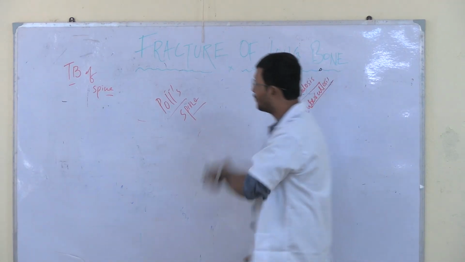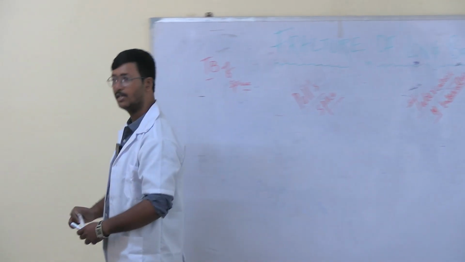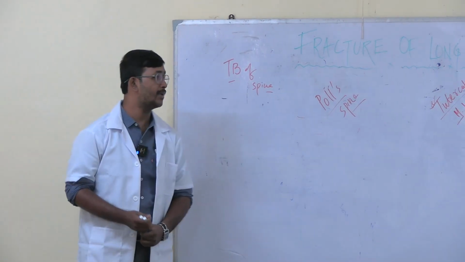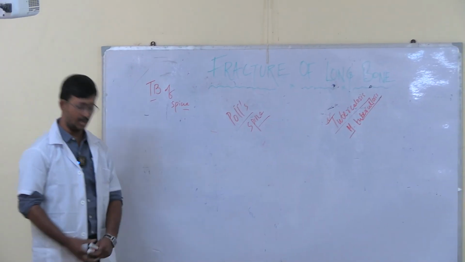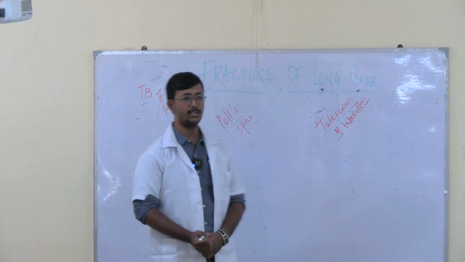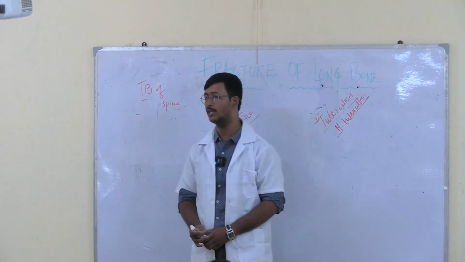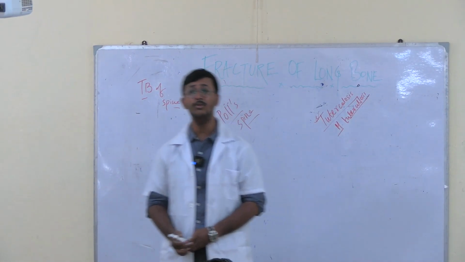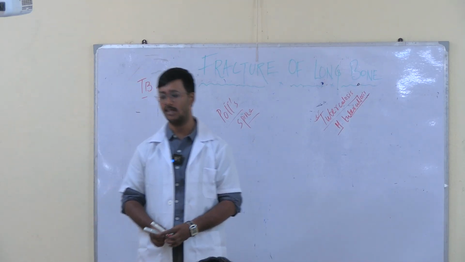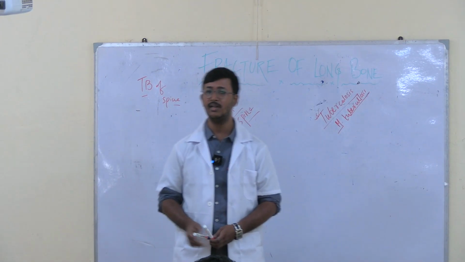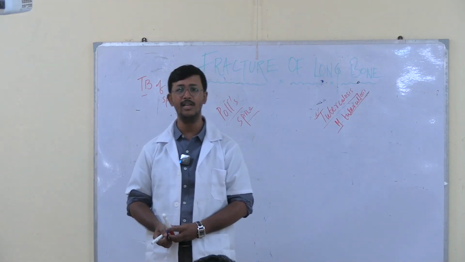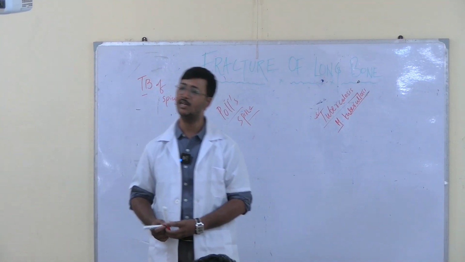So TB spine is a disease which is caused by Mycobacterium tuberculosis. We usually hear that tuberculosis occurs in the lungs only, but that is not the case. Tuberculosis is such a dangerous disease that it can happen anywhere in our body except the nails and the eyes.